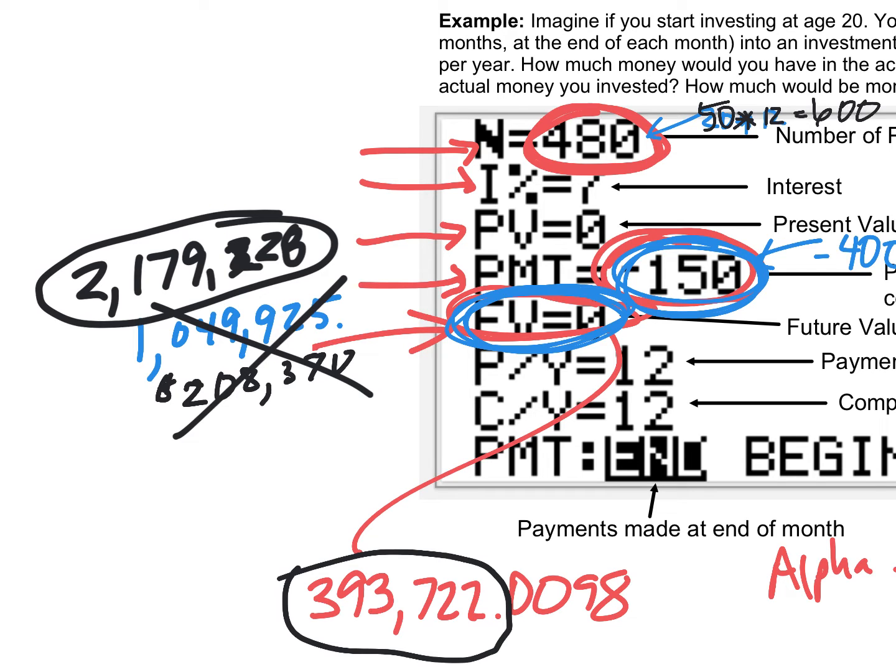Do you think 400 a month is doable? Well, I don't know. Maybe not for you right now, but a starting teacher makes about $45,000 a year.